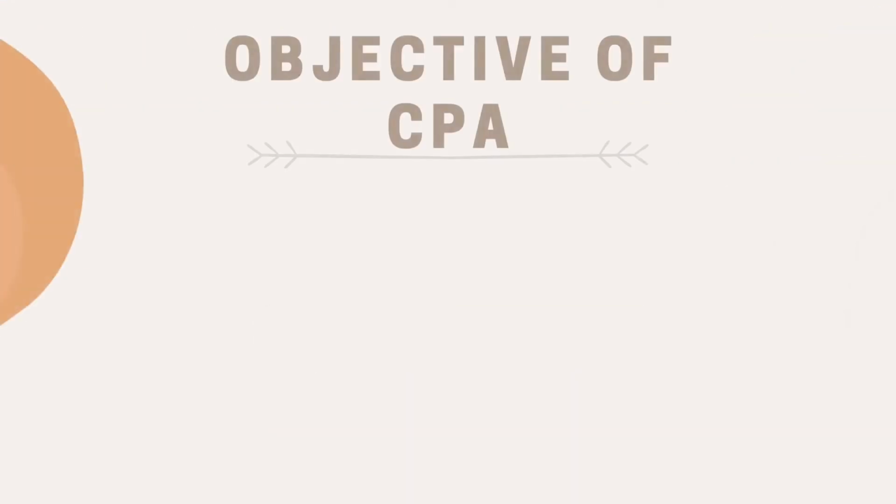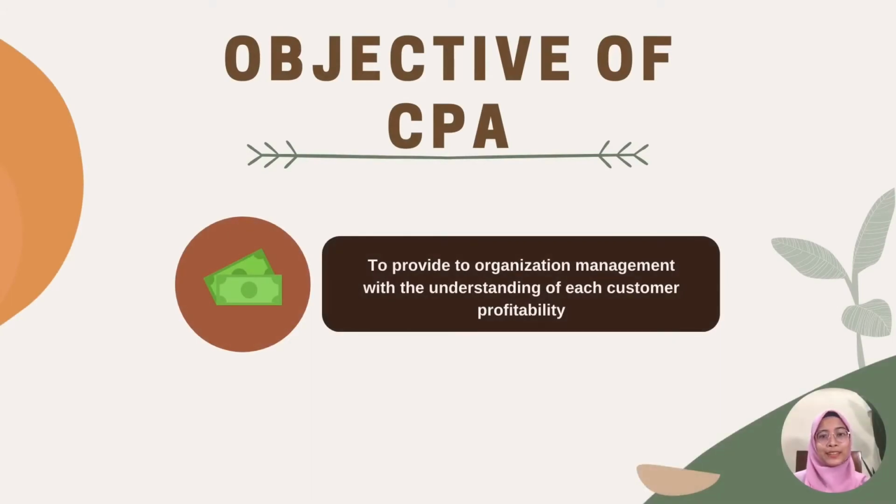Let's continue. All things that we do must have an objective, right? So, the main objective of CPA is to provide organization management with the understanding of each customer's profitability. Organizations can group this information into customer profitability segments, allowing the company to take different targeted actions and strategies against different profitability segments, having as a target increasing the company's total profitability.